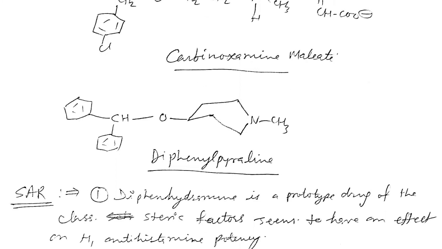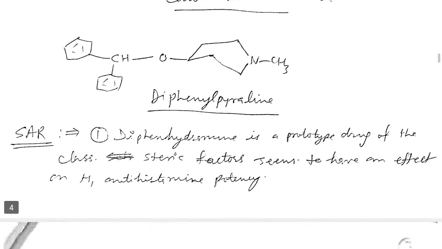So it's another, special type of example of an alkylamine ether analog, because we have seen in ethyleneamine that the ethylene group is there; here it is a cyclic ring. So the nitrogen is present in the cyclic ring, and that's why it is a special class of drug in this category.